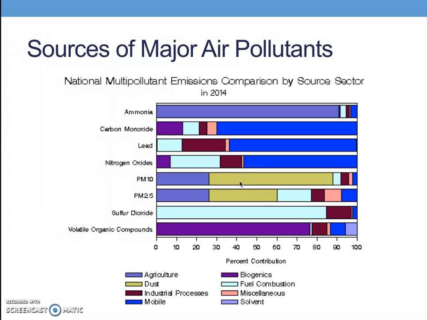But it's important to keep in mind that fossil fuel burning does contribute to all of these things. The other thing that I want to point out here is particulate matter: fuel combustion, and also mobile or transportation, are sources of particulate matter as well, largely the soot that comes from burning fossil fuels.